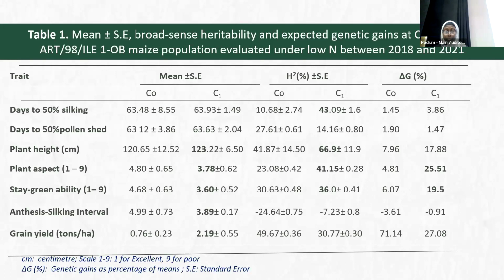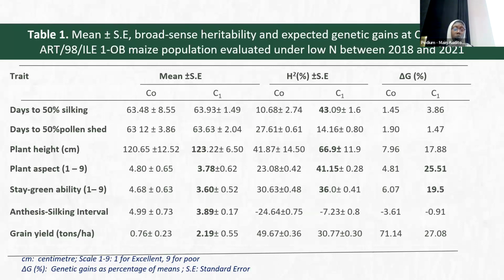In the results, we realize that the overall appeal of the plants has improved from 4.8 in the initial cycle to 3.78 in the second cycle. Then for staying ability, that is a sign of tolerance under low nitrogen, that has also improved.